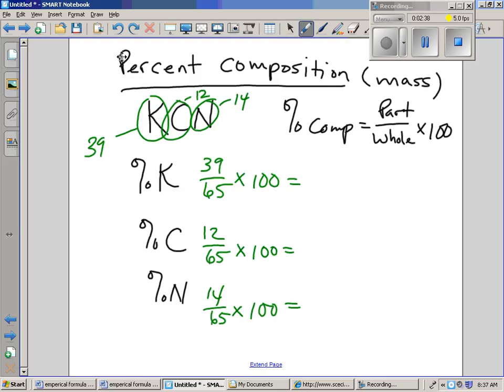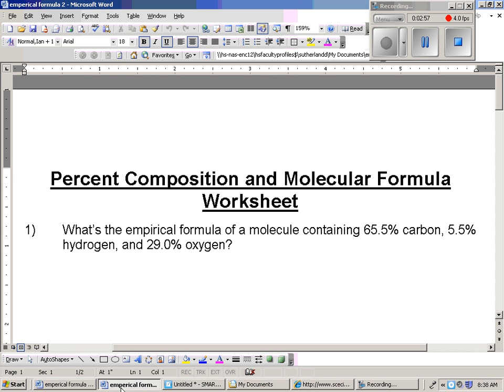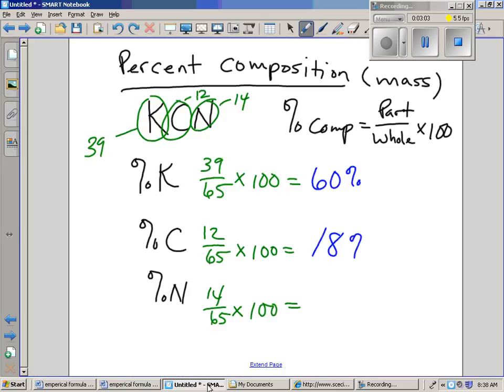Potassium, what percent did we get for that? Andrew, what did you get for that? 60%. Carbon was like 18 or something? 18.5.